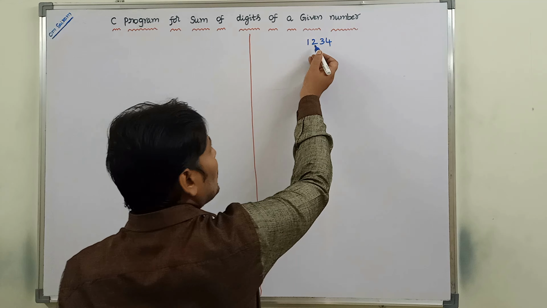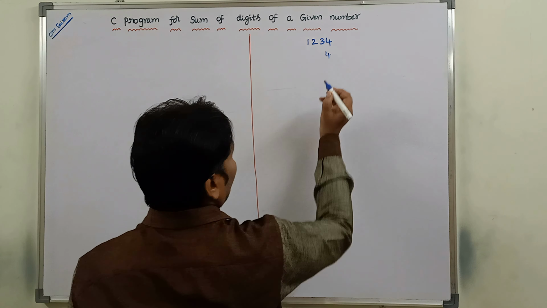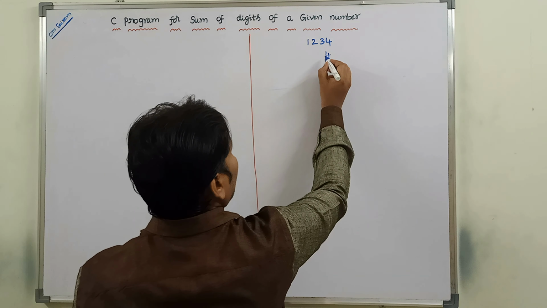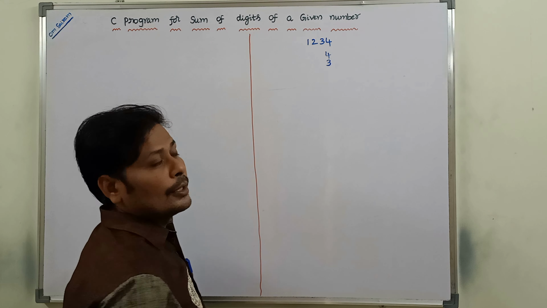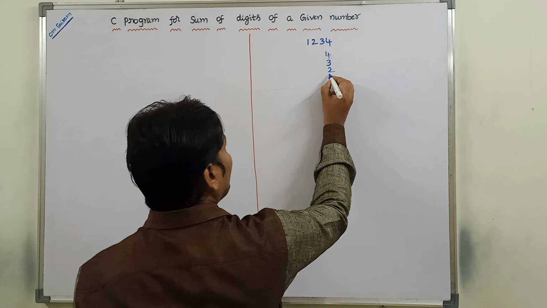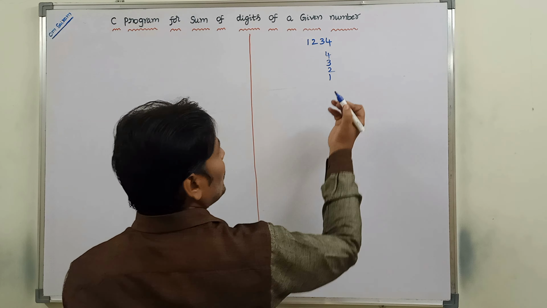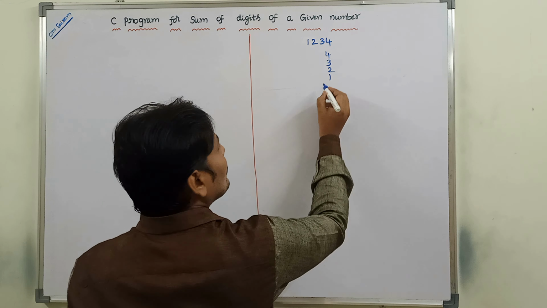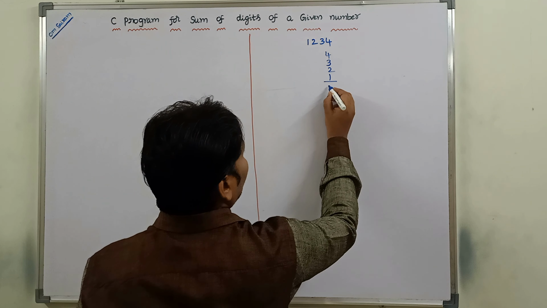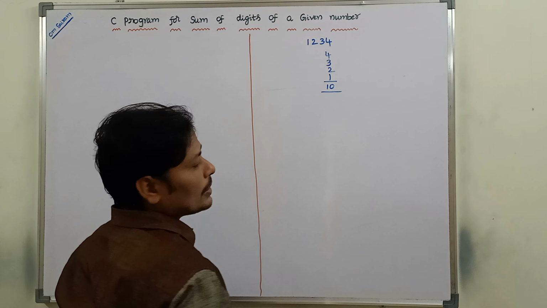What are the individual digits in that number? 4 is one individual digit, 3 is one, 2 is one, and 1 is another. After finding the individual digits, we sum them: 4 plus 3 plus 2 plus 1 is equal to 10.